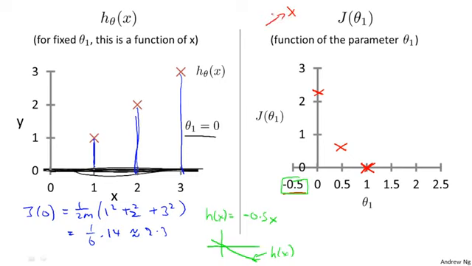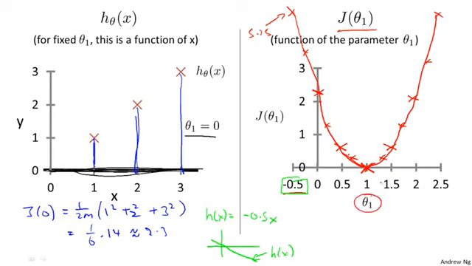It works out to be something like 5.25. And so on. And for different values of theta 1, you can compute these things, right? And it turns out that you compute a range of values, you get something like that. And by computing a range of values, you can actually slowly trace out what this function J of theta looks like. And that's what J of theta is.